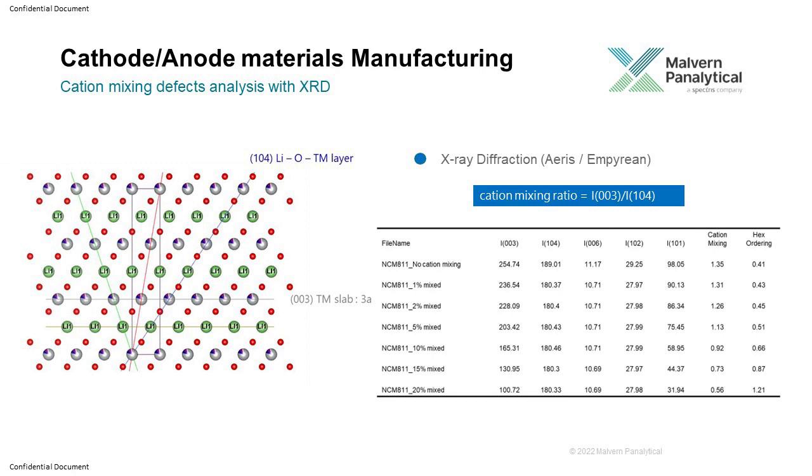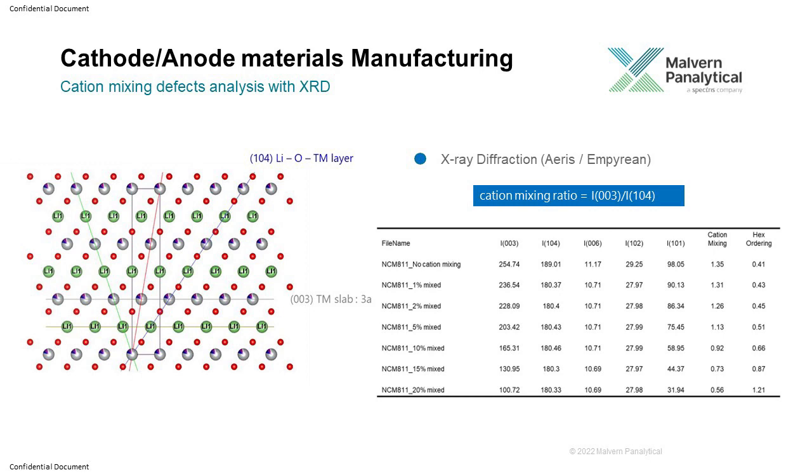By taking the ratio of the peak intensities of these two, you can find out how much is the cation mixing. For example, if there is no cation mixing defect, the theoretical peak ratio of these two is 1.35. If you have cation mixing of 20%, then it reduces to 0.56.